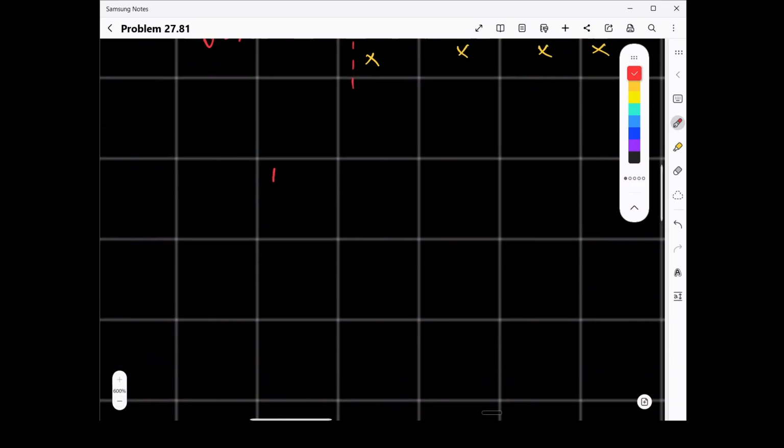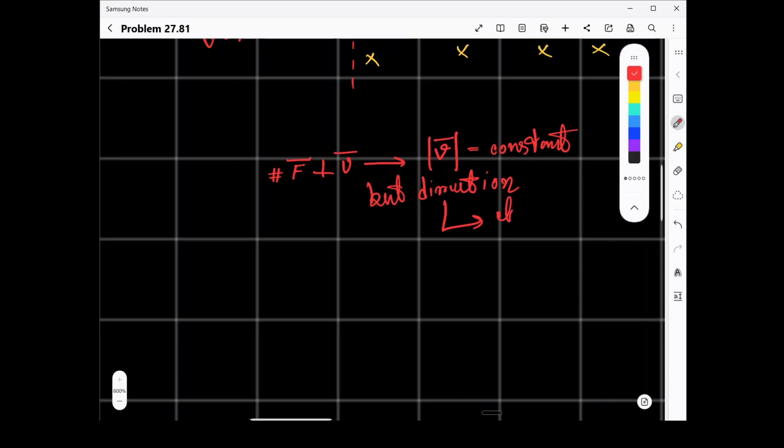So the first thing is, as the F vector is perpendicular to the velocity vector, the velocity's magnitude would be constant, but the direction changes.